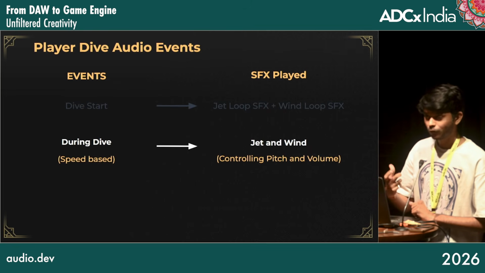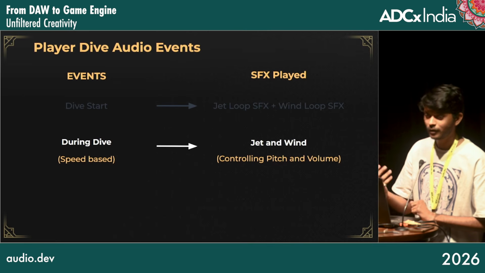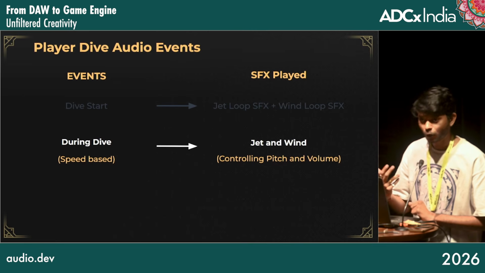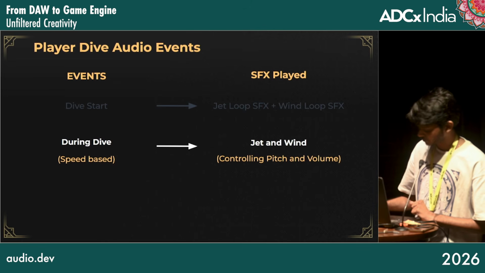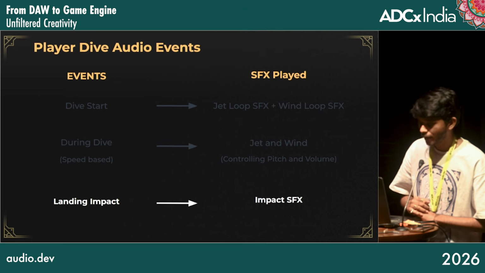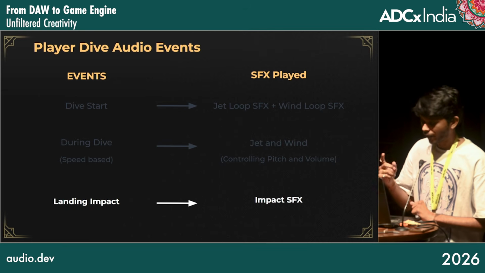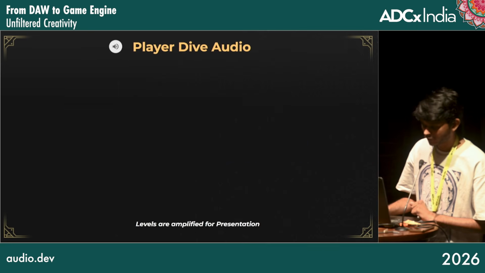During the dive, we control the pitch and volume of the jet: if player speed is high, we boost its pitch and volume, and vice versa for the wind. And at last, we have the landing impact, where we stop all audio and trigger the impact SFX. Let's see the audio video for this.